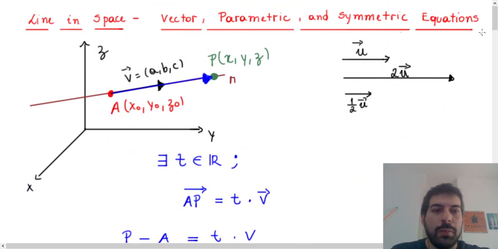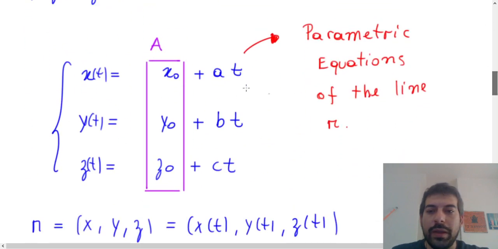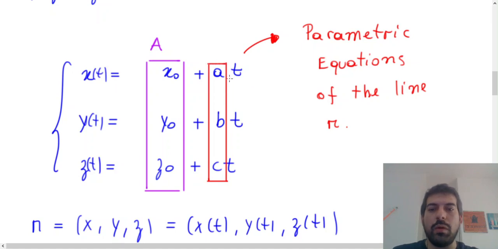The coordinates of the point A will be the column that appears here in the parametric equation of the line, and the second column, the numbers that multiply the parameter t, will be the coordinates of the vector v. Those also appear in the symmetric equation.